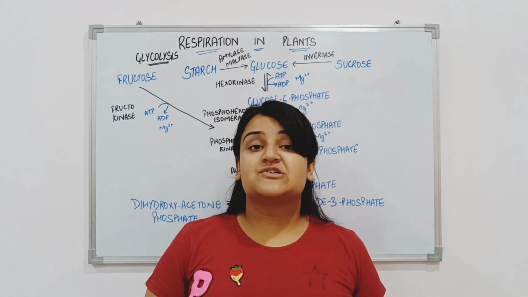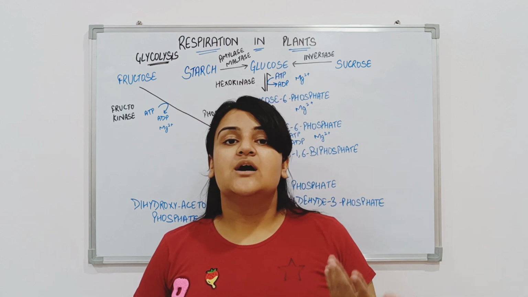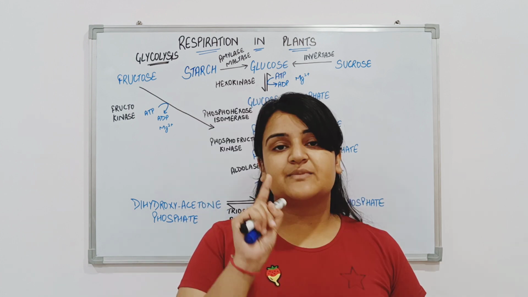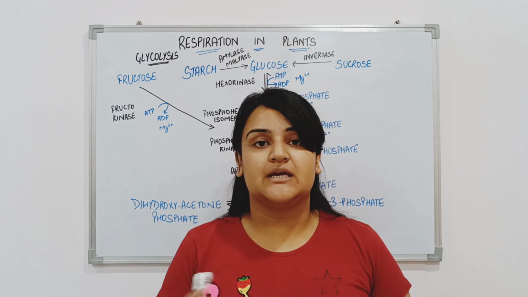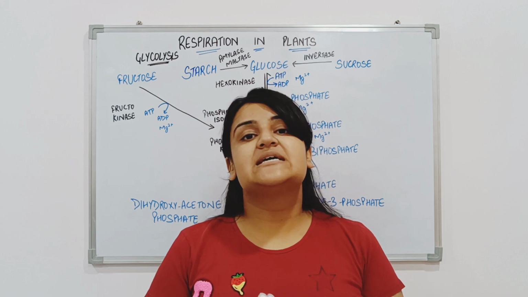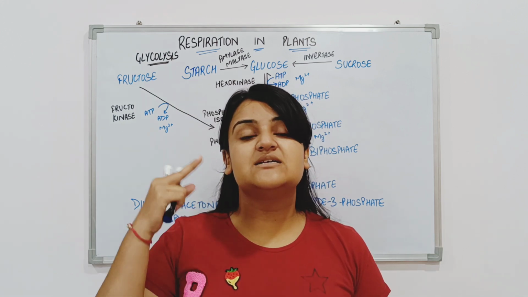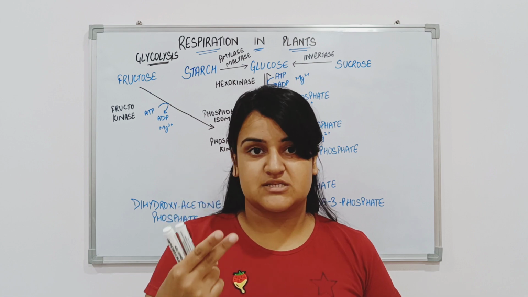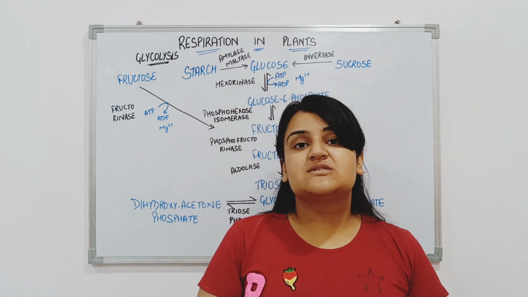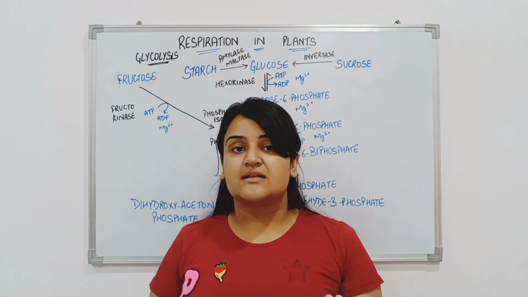ATP will actually first be used in the process and then it will be produced. ADP, adenosine diphosphate, is used, and adenosine triphosphate will be produced in the second phase, in the payoff phase.